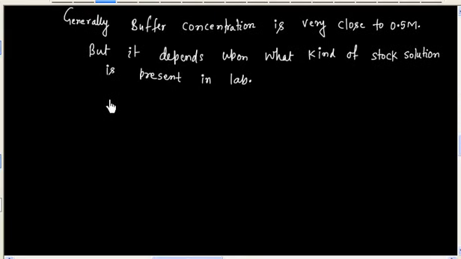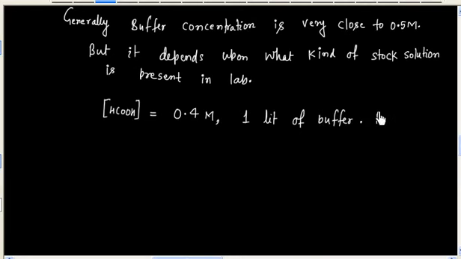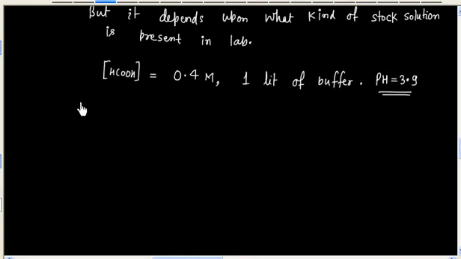For example, let us say the formic acid concentration present in the lab is 0.4 M, and we have to prepare 1 liter of buffer. And pH of buffer is 3.9. So we can calculate moles of formic acid, that is molarity into volume, that is 0.4 moles.